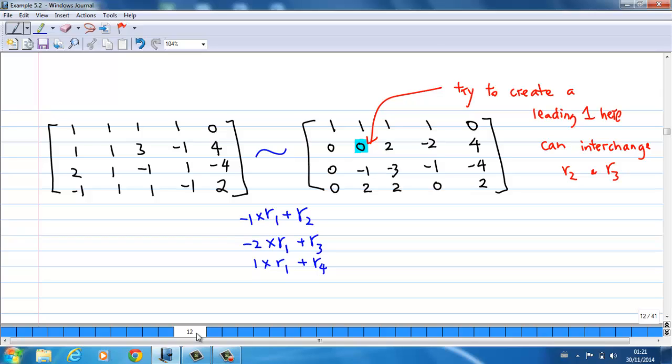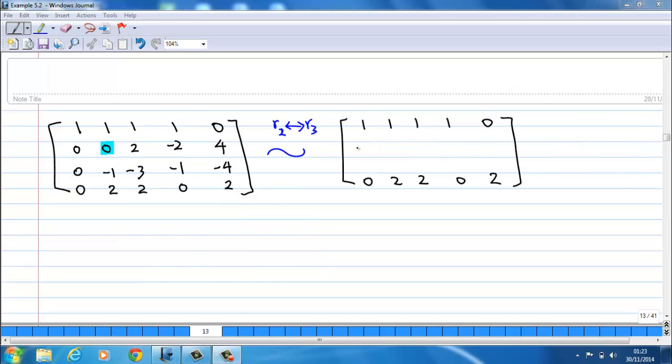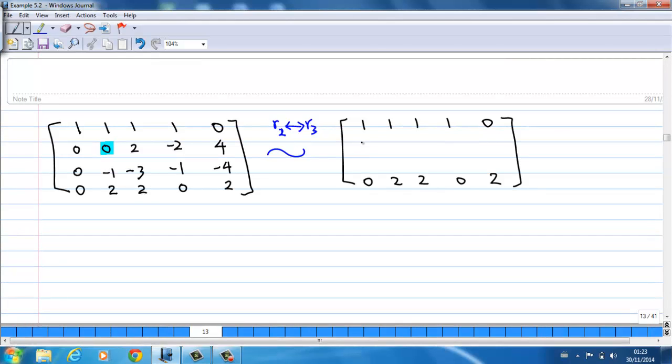We can do this by interchanging the second row and third row. After interchanging, the new second row becomes 0, negative 1, negative 3, negative 1, negative 4. And the new third row becomes 0, 0, 2, negative 2, 4.